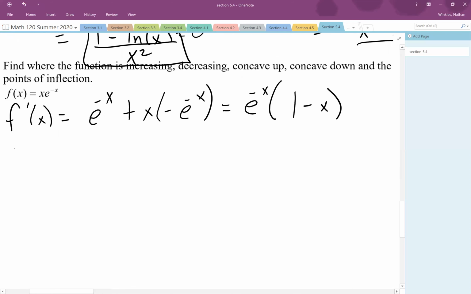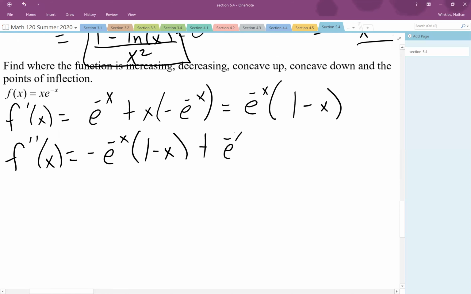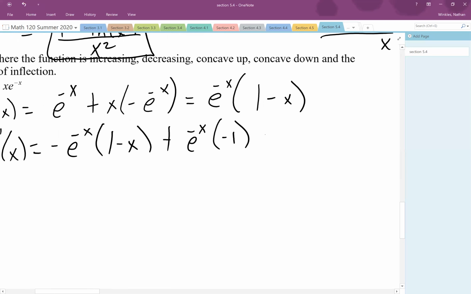So if we want our second derivative, it's minus e to the minus x times 1 minus x plus e to the minus x times negative 1, or e to the minus x times negative x. Oh, no, forgot a negative. So it'd be negative of 1 minus x, so it'd be negative 2 plus x.